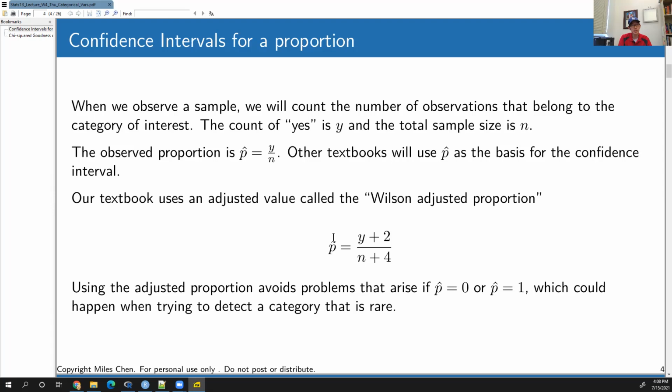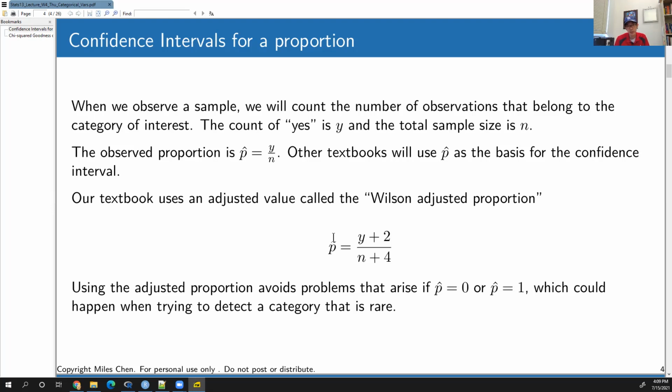It's possible that you survey 200 people, and in that sample, 0 people tested positive for the disease. So your sample proportion would be 0 divided by 200, your p hat would just be 0. Now, if your p hat is 0, that causes some problems. Your standard error becomes 0, and basically you can't create a confidence interval, you can't really do inference.